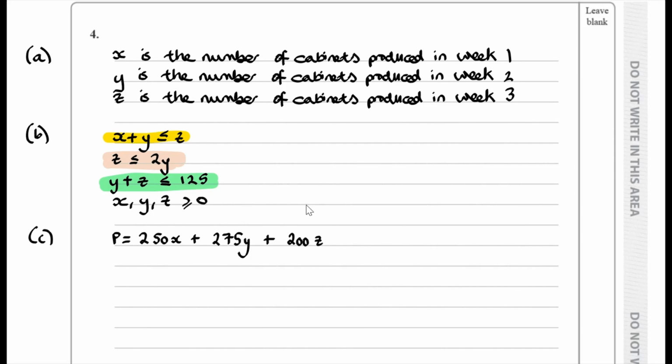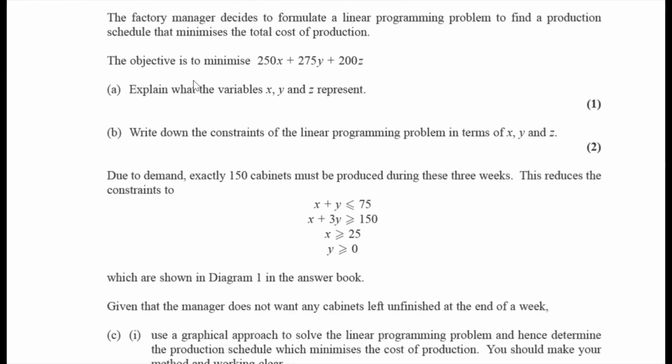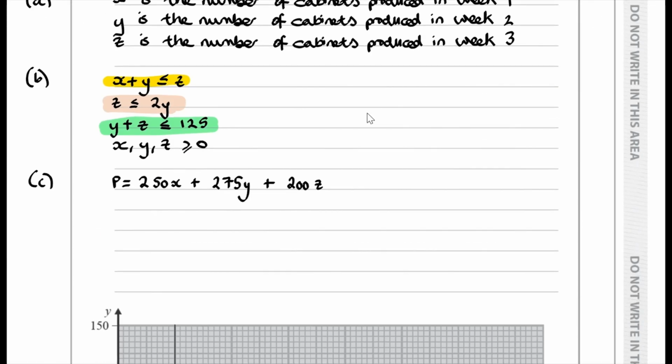Okay, and that over here is the objective function. This is the objective function, and we'll call that equation 1.